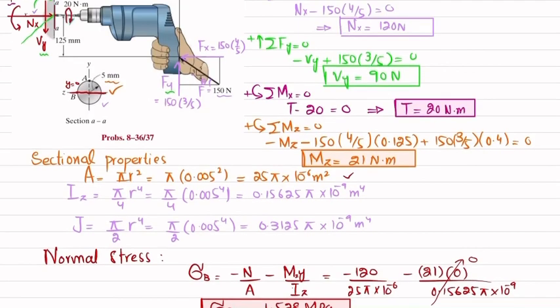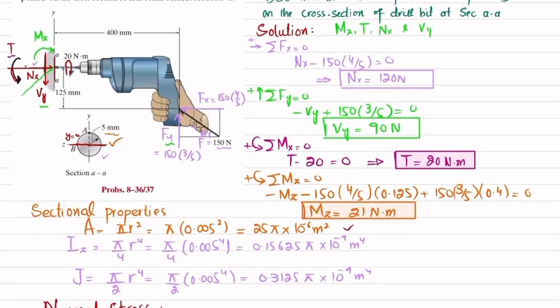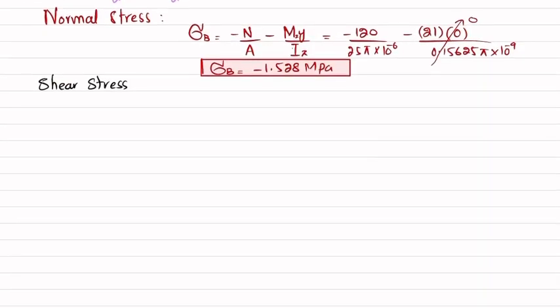We have shear stress at point B due to torsional shear stress and the shear stress due to vertical shear. So we have two. First we will find the transverse shear, which is due to Vy.